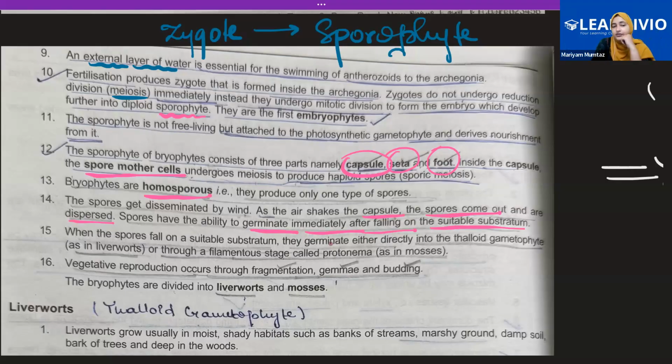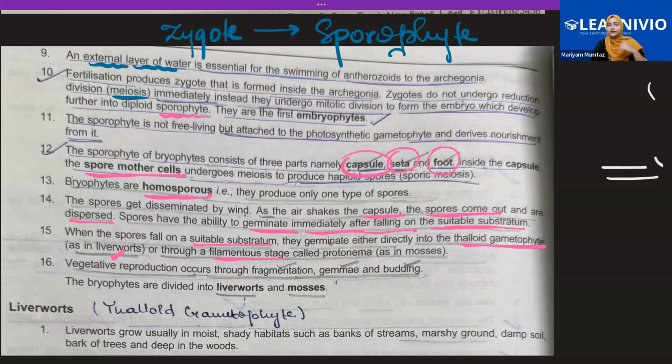Now, when the spores fall on a suitable substratum, they can either germinate into a thalloid gametophyte, such as in the case of the first type of bryophytes called the liverworts, or they can go through a creeping filamentous stage called protonema, which is another stage.